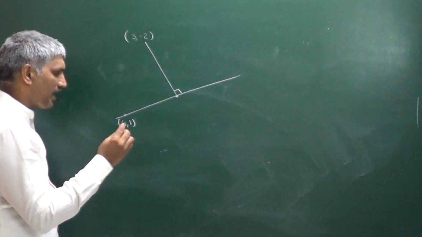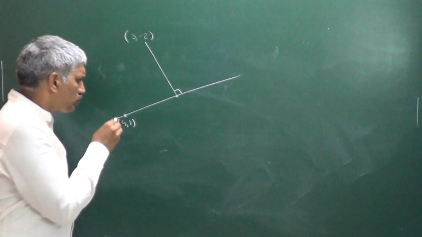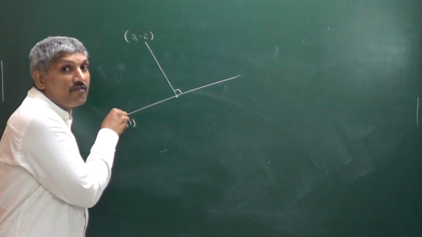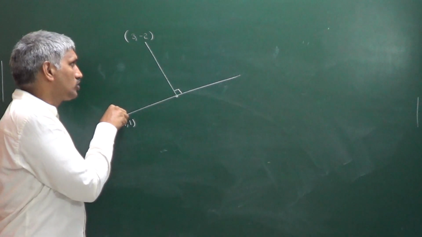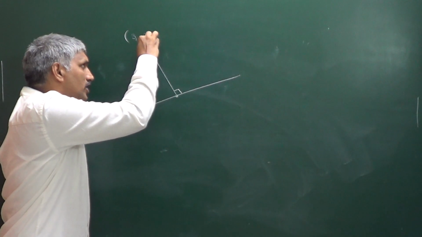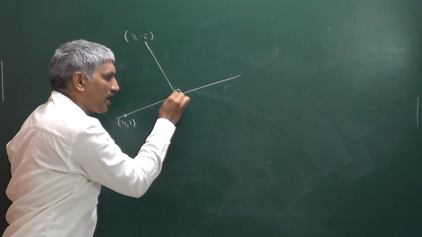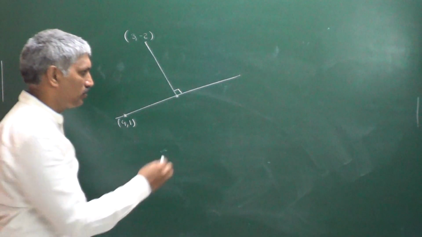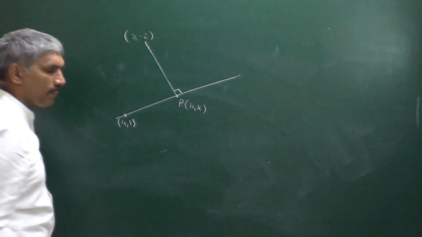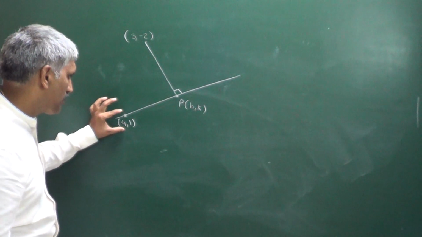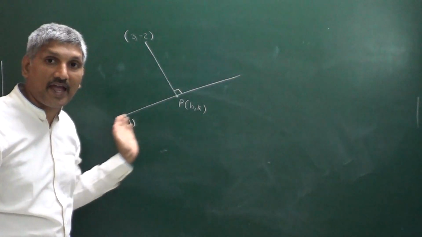To a variable line passing through a fixed point (4, 1), because through this point we can draw an infinite number of lines. To all those lines from a point we are drawing the foot of the perpendicular, and the locus of this particular point we have to find out. Say this is P (h, k). From the point (4, 1) we can draw an infinite number of lines.